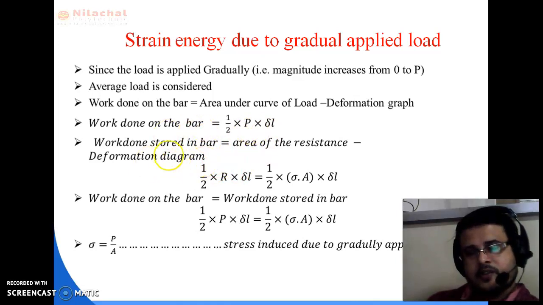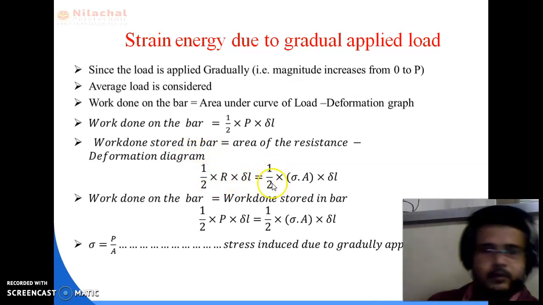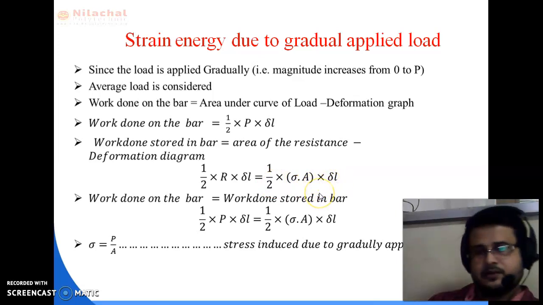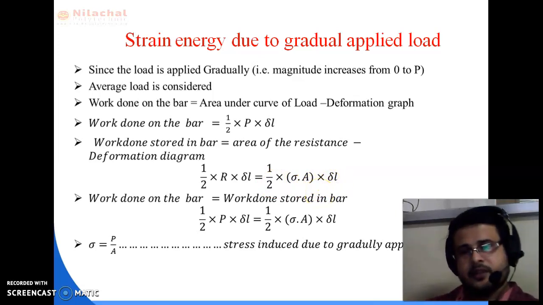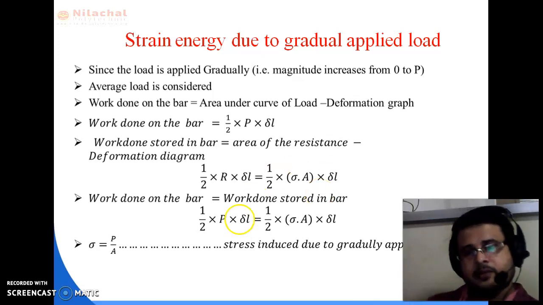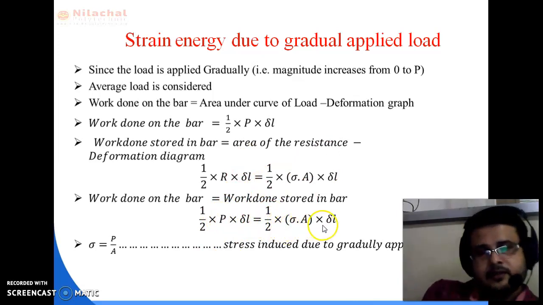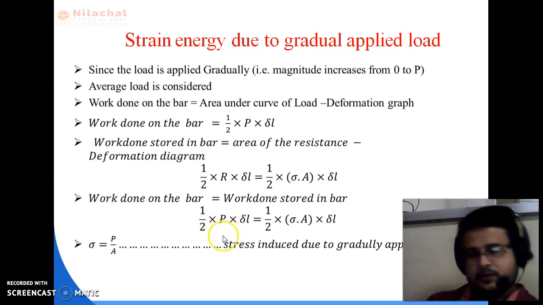So equating both the strain energy produced in the body and the work done by the gradual load upon the bar, 1 by 2 P into del L is equal to 1 by 2 into sigma into area into del L. So both equations will be equated. During that time we get 1 by 2 P into del L equal to 1 by 2 into sigma A into del L. So from this we get that the stress is equal to P by A in case of gradually applied load.